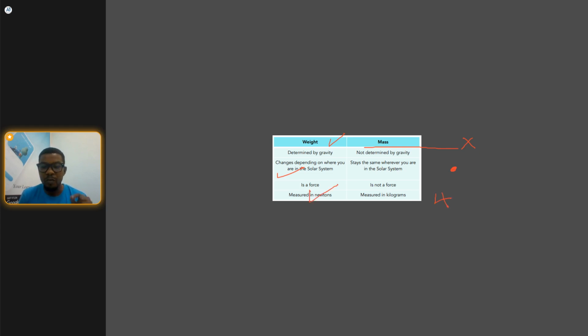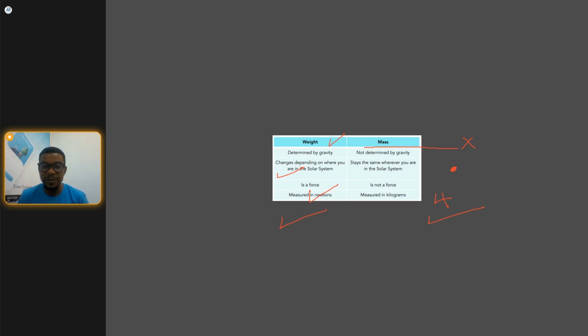Weight is measured in Newton, mass is measured in kilogram. So these are the differences between weight and mass. And we need to master these differences because in UTME, you can be asked questions related to them. All right. So I believe we are getting that.